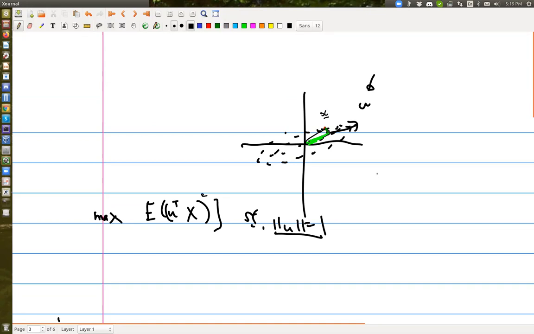So do you agree with this formulation here? If I have any data, let me draw some other data set here. Oh, okay, I got a silly question again.